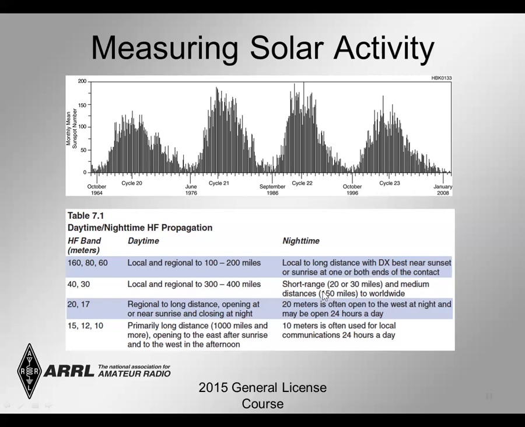And then at nighttime, you get the short range 20 or 30 miles, that would be the ground wave, and then medium distance is 150 miles to worldwide. So 40 meters, and this is just my opinion, appears to be at this point in time one of the better bands to use for day or night communication for making contacts.